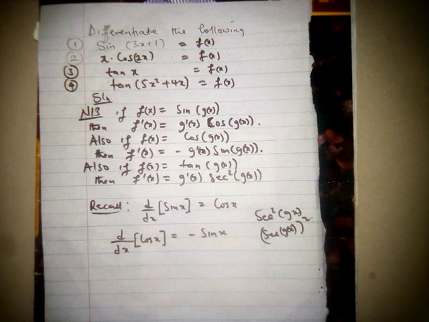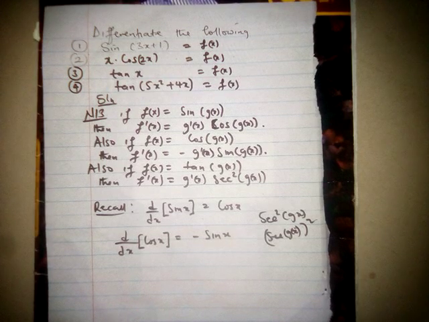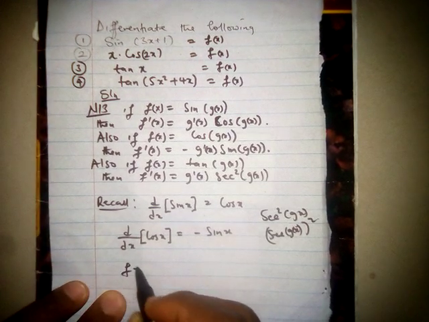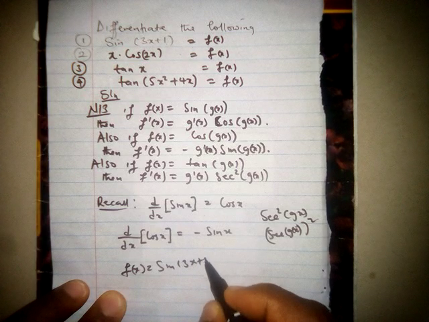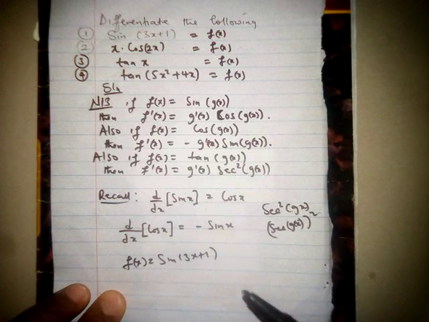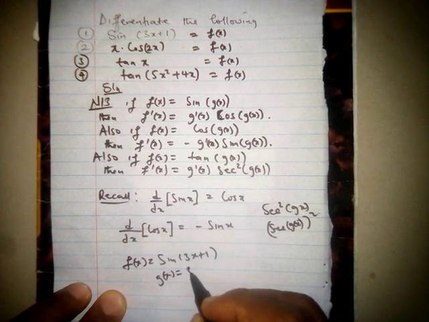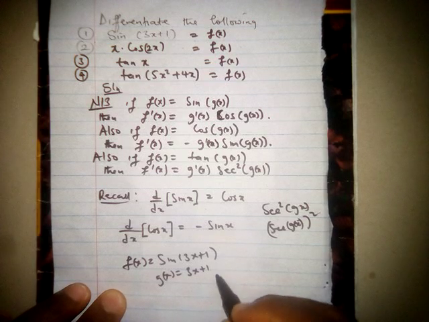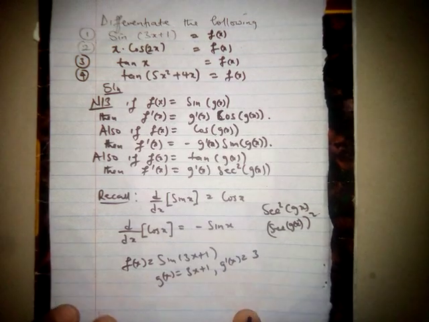So the first question is f of x is equal to sine of 3x plus 1. Before we use the formula, what is our g of x? Our g of x in question is 3x plus 1. So this means my g prime of x will be 3.